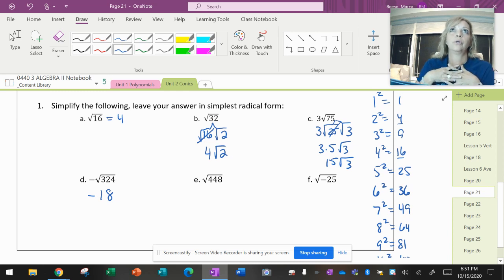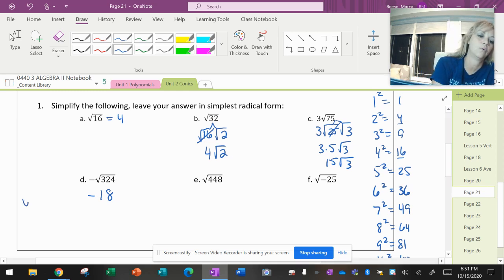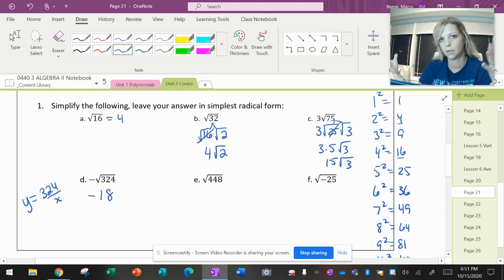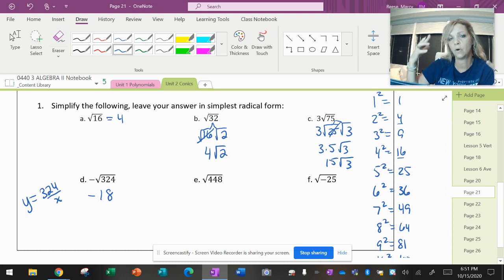You can put 324 divided by x. If you're just trying to find the factors, remember when you do 324 divided by x, it gives you all the factors. So you should look for the list and then you should see when x is 18, y is 18. So then you go, oh, it's a perfect square.